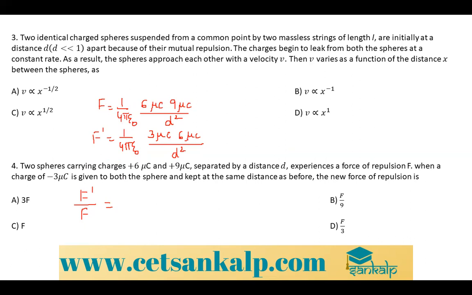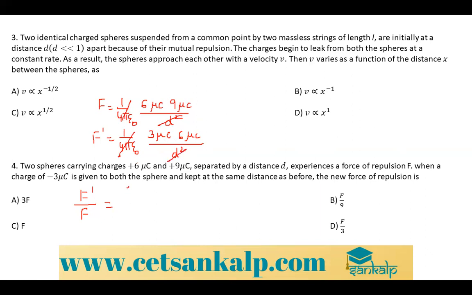The microcoulomb factors get cancelled. What remains? d square also gets cancelled, and 1 by 4 pi epsilon naught, everything.